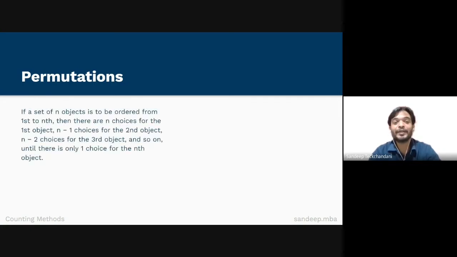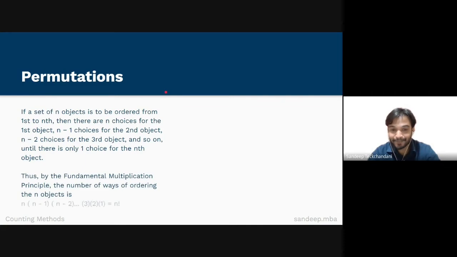Thus, by the fundamental counting principle, the number of ways of ordering the n objects is n times n minus 1 times n minus 2 times ... times 3 times 2 times 1, which equals n factorial.